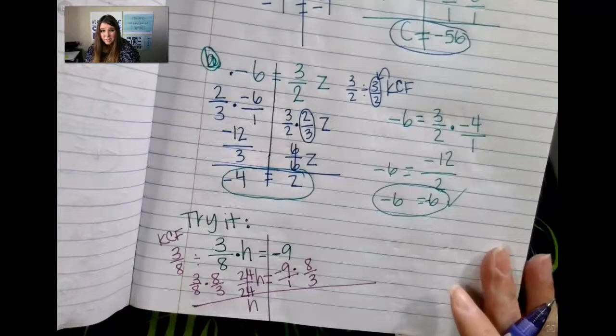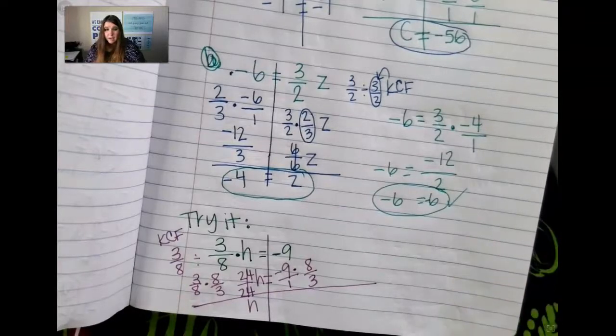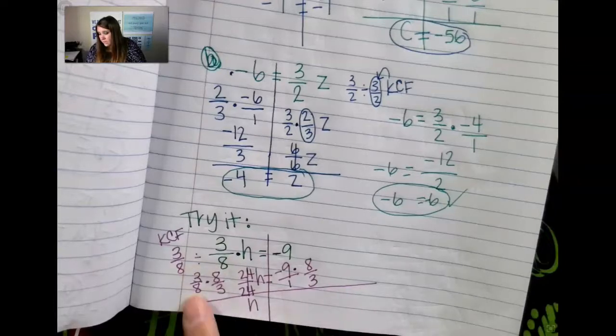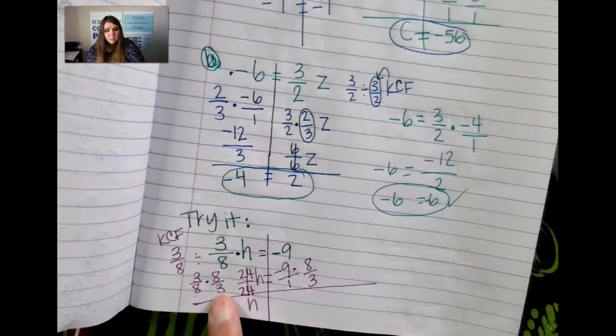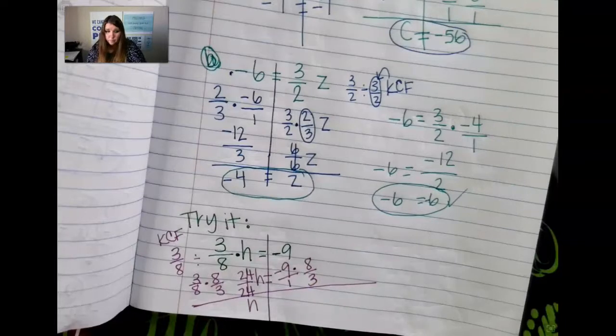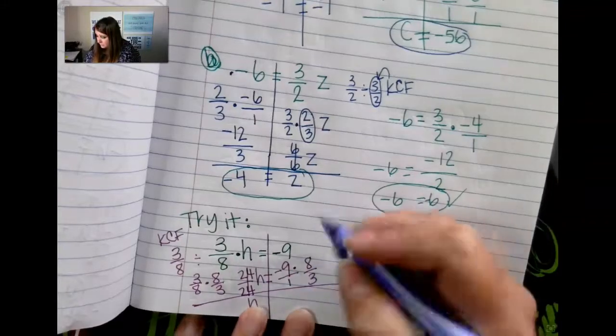Okay, here's where it's going to get a little bit crazy, right? We don't do keep, change, flip again because we are multiplying. We already divided over here to figure out what we are multiplying by, so we just take this same number right here and stick it right over there. So our answer is going to be negative 9 times 8.